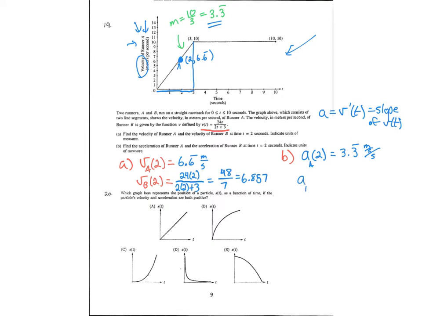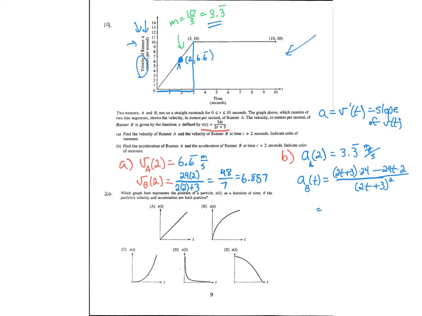And the acceleration of runner B is a little more complicated. Because we're given an equation for the velocity of runner B, to find the acceleration of runner B, we're going to take the derivative of that equation. And we need to use the quotient rule here. So we've got low d high minus high d low, all over low squared.